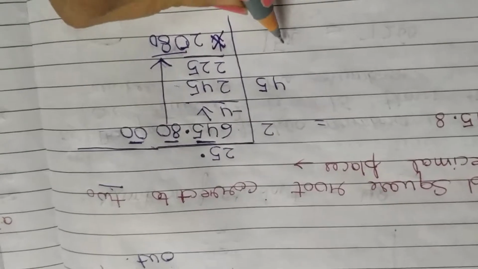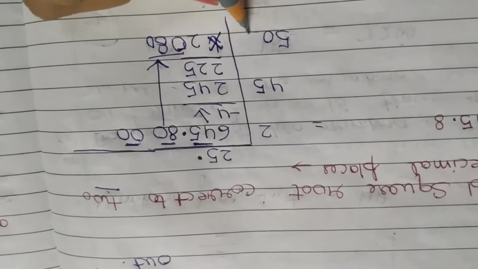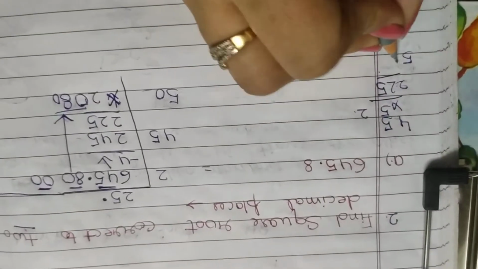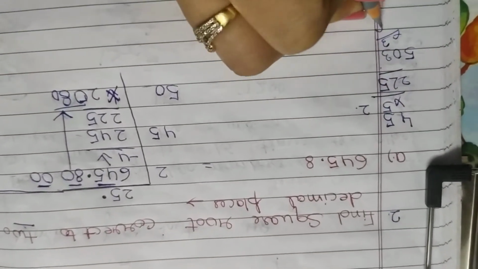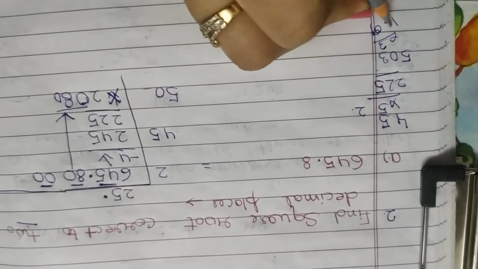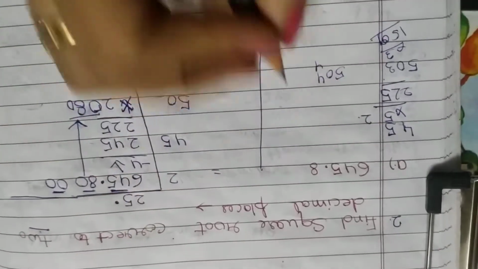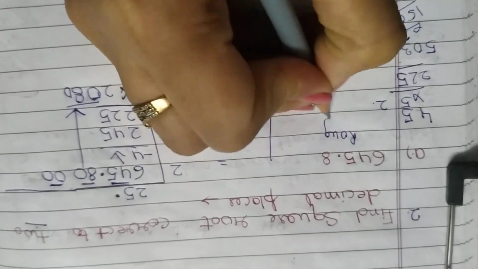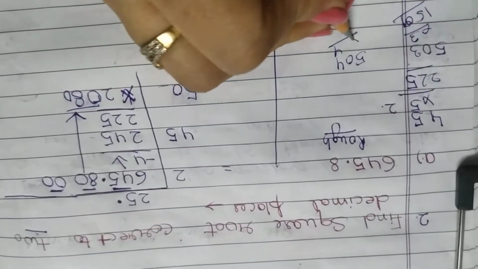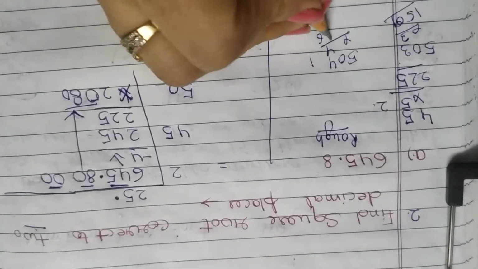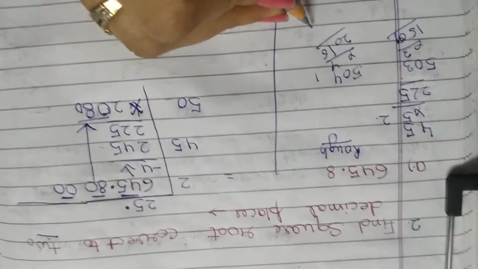Double of 25 is 50. Now I have to use the same number which will go there, so 503, 3 3s are 9, 0, 15. If I use 4, this is the rough side, you can do it on the rough page only. Okay, 4 4s are 16, 4 5s are 20, 2016.